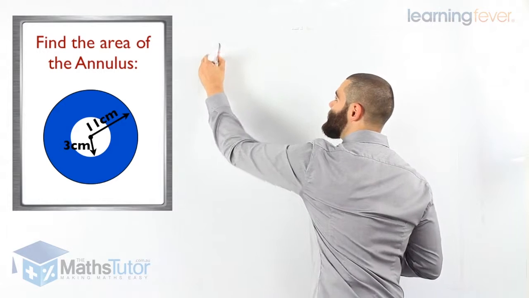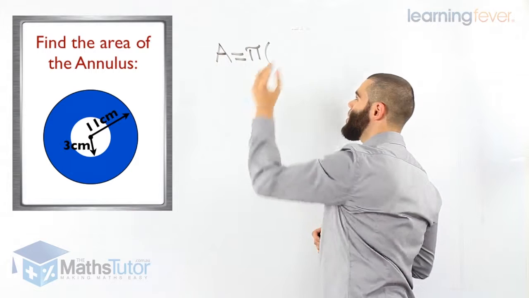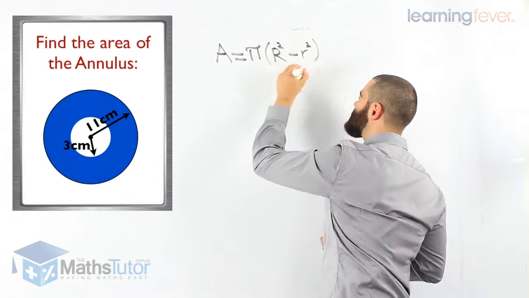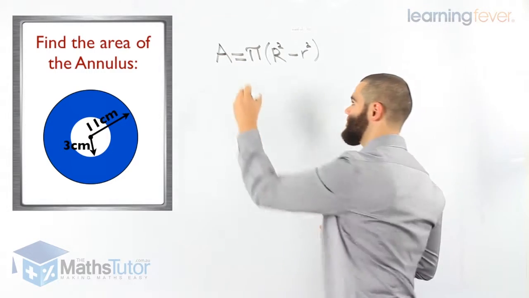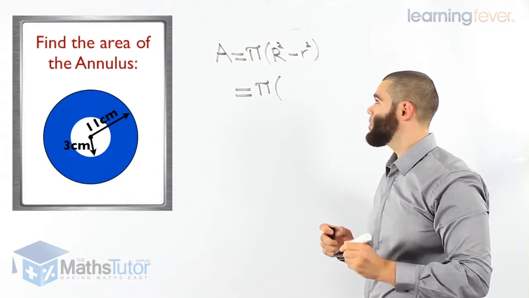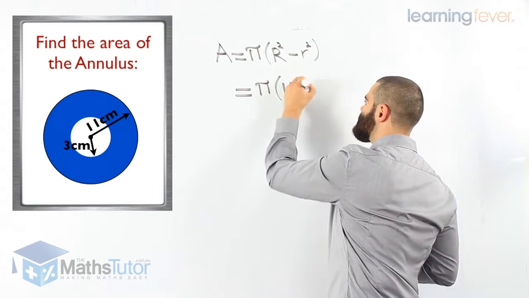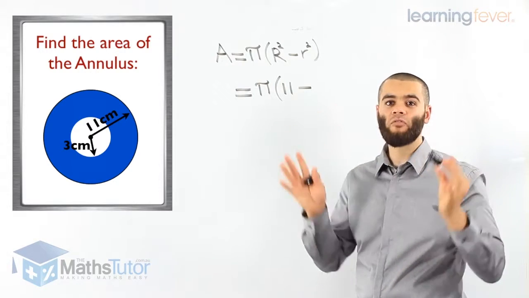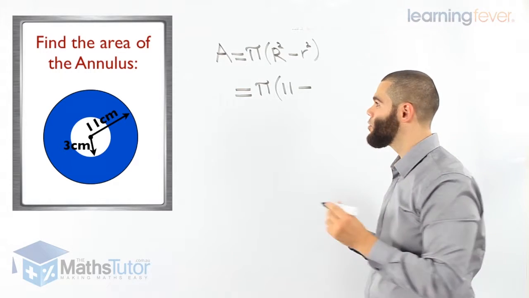We have the formula A equals pi times capital R minus little r squared, all in brackets. That's the formula for the annulus. Now we substitute. Pi times the big R, we know the capital R is the large radius, which is 11 centimeters. Take away the small radius. We're basically working at the area of the large circle. Take away the hole, the circle that is in the middle there.